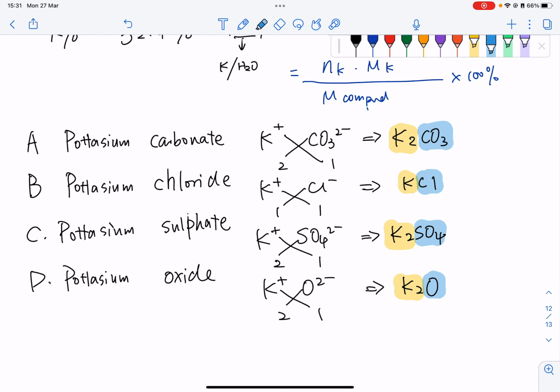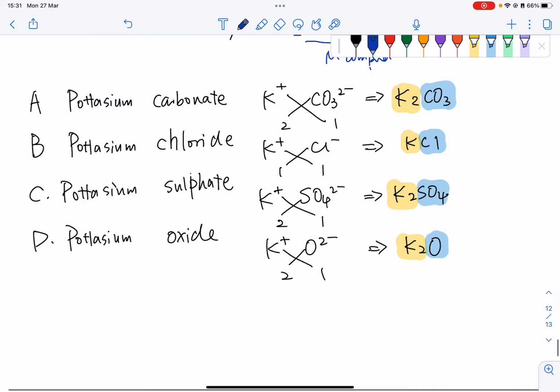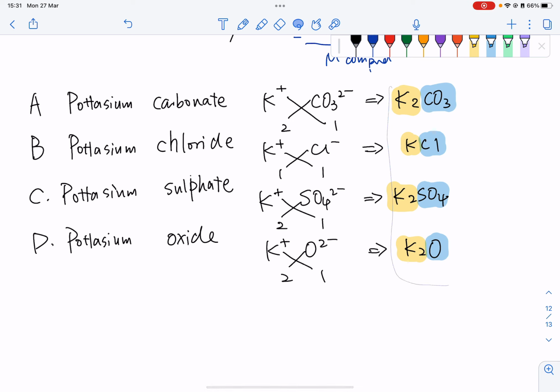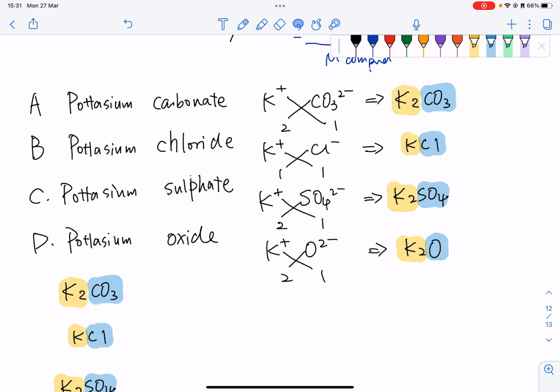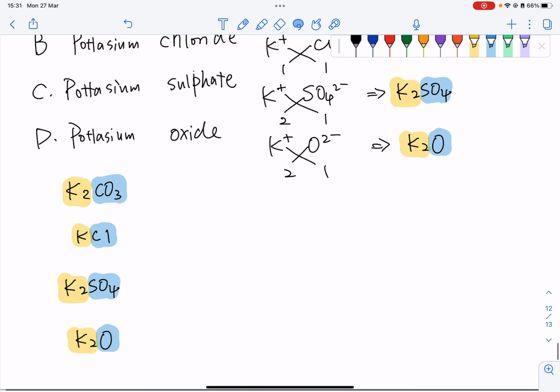I will drag the potassium down to the later part. So now we have those different chemical formulas, and let's try to calculate each mass. For example, 2 potassium should be 39.1 times 2, and here we only have 1 potassium, so 39.1, then 2 potassium, and also 2 potassium.